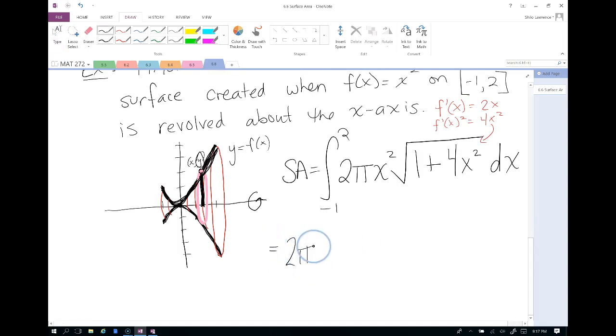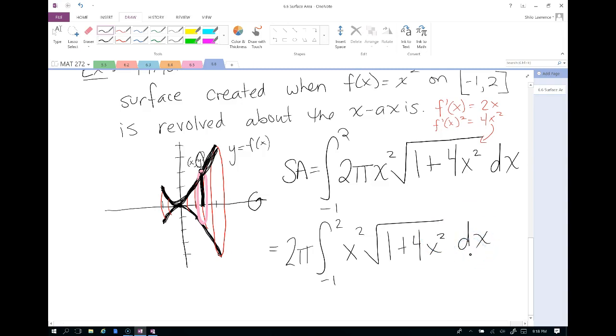So we could clean this up a little bit. Typically, we'll pull any of the coefficients out. So the 2 pi can just come out front. And we're just integrating x squared times the square root of 1 plus 4x squared dx.